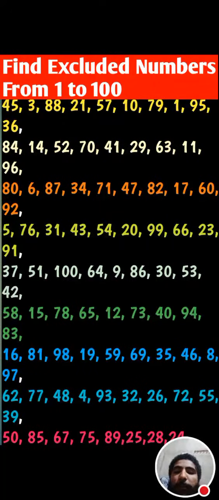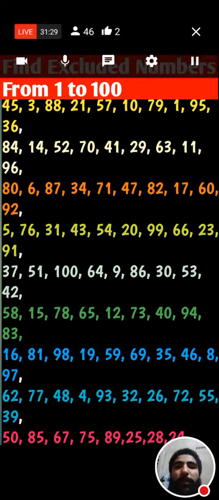So we have found the first 40 numbers, and among these we have found 8 missing numbers: 2, 7, 13, 18, 22, 27, 33, and 38.